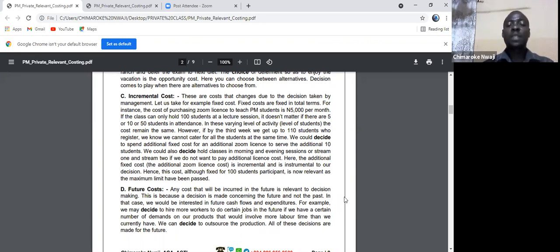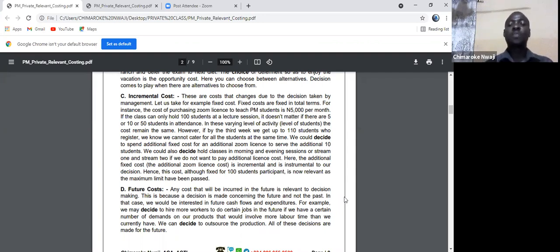When we talk about incremental costs, we are talking in direct relationship with fixed costs because we all know that variable costs are always incremental. If you increase the volume, the cost will increase. But you know that is not so for fixed costs. But there is a time when fixed costs could increase.